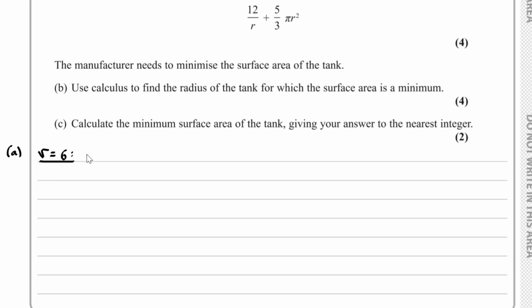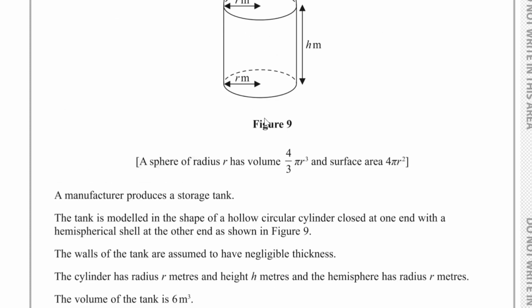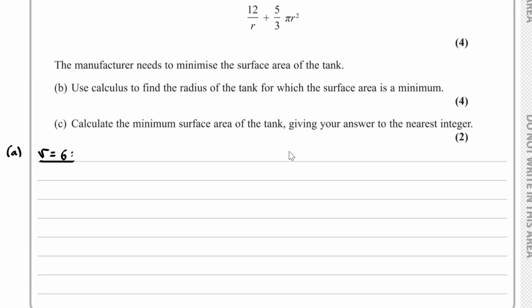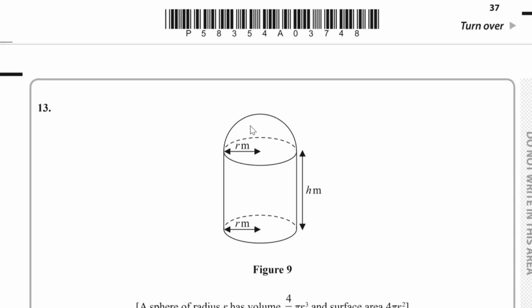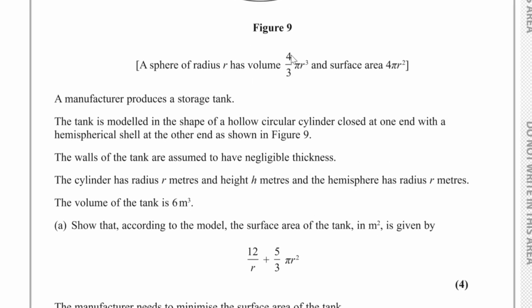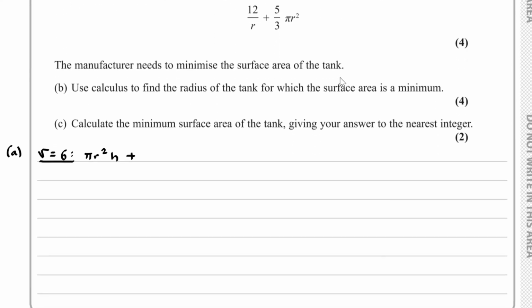We have the cylinder bit, which is pi r squared times h, that's what the volume is of the cylinder bit. So we have pi r squared h, and then we add on the hemisphere at the top. And the hemisphere, that's half a sphere, so the volume is half of this 4/3 pi r cubed.